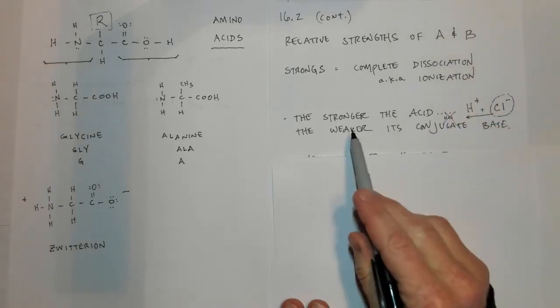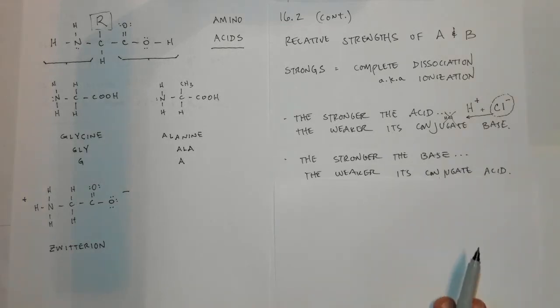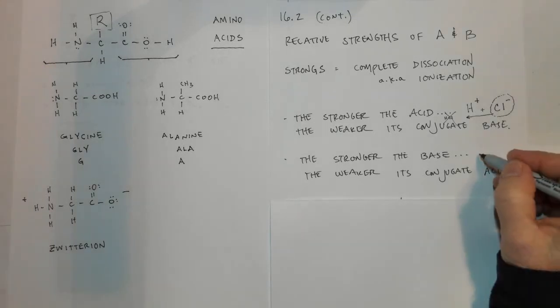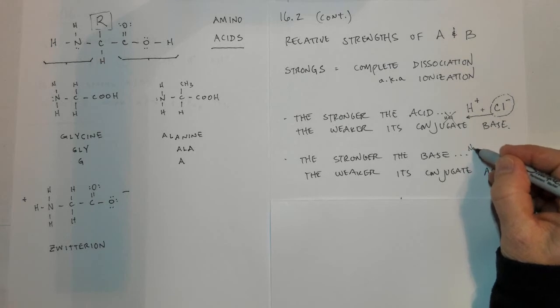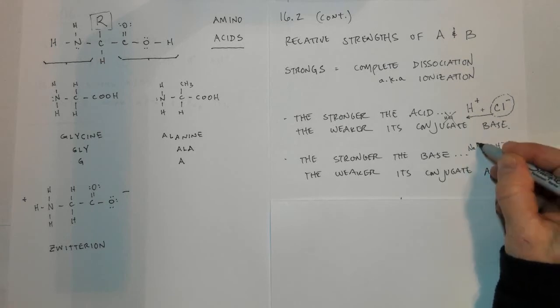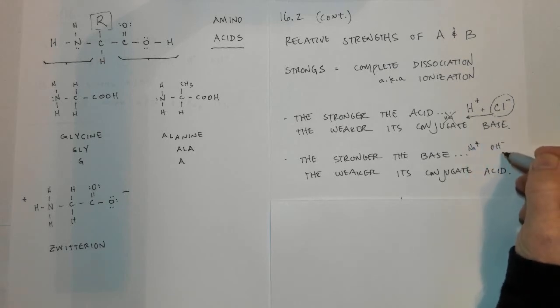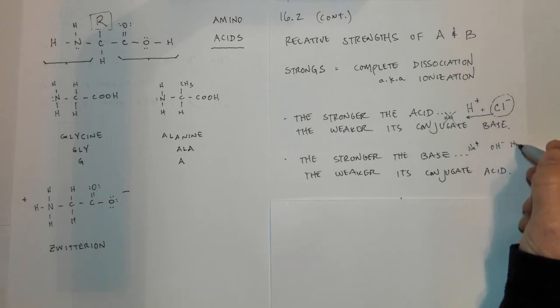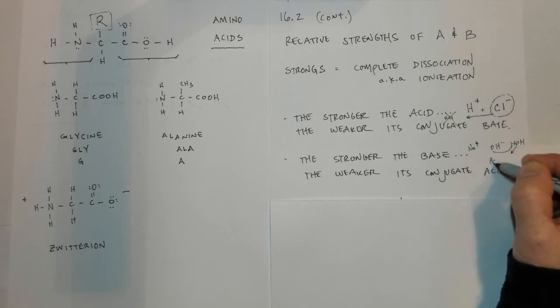And so the stronger the acid, the weaker the conjugate base. Conversely, the stronger the base, the weaker the conjugate acid. And so hydroxide, for example, in NaOH, would form Na pluses and then OH minuses, and OH minus would be really, really good at getting hydrogen ions, and so it would react with water in solution, and then it would take a hydrogen away and form HOH.